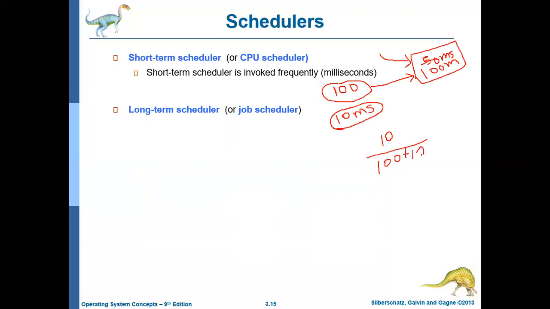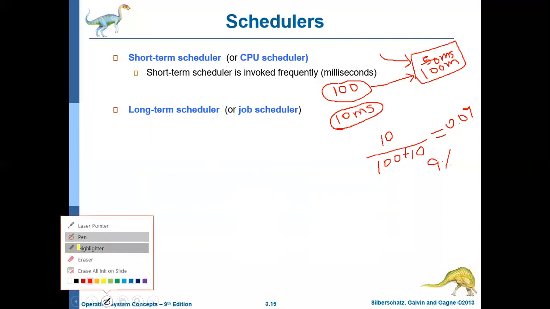So the wasted time is 10 divided by (100 plus 10), that is 10 by 110, which is approximately 0.09. That is, 9 percent of CPU time is getting wasted here, because during that time the CPU is not utilized. So now you can understand at what rate this scheduler should be working. It should be working at a very high speed, right?